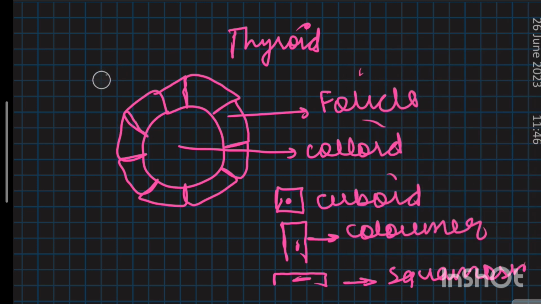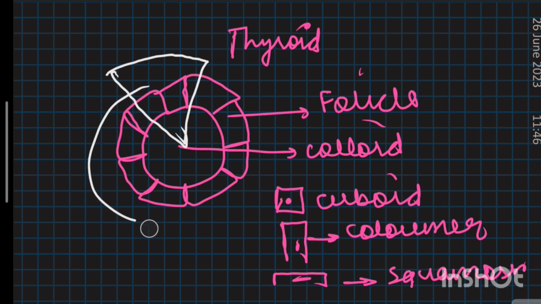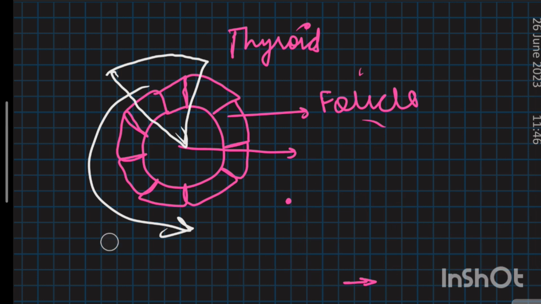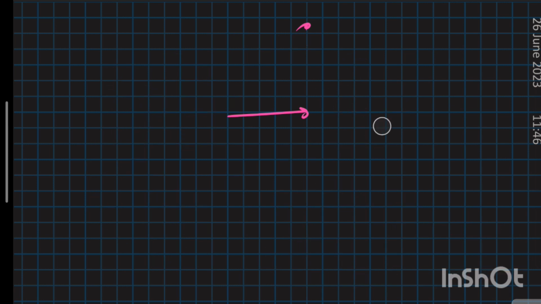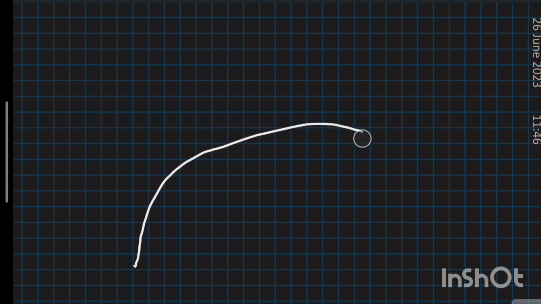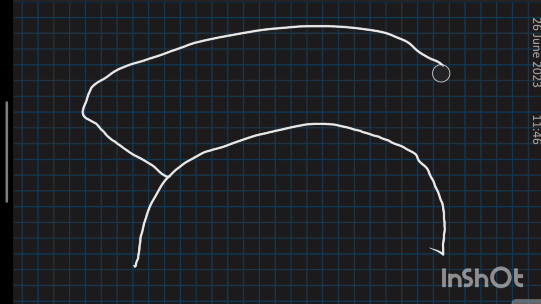Now what we will do is take the cross section of this follicle and colloid and zoom it out. Let's assume that this is colloid, this is the follicle part.